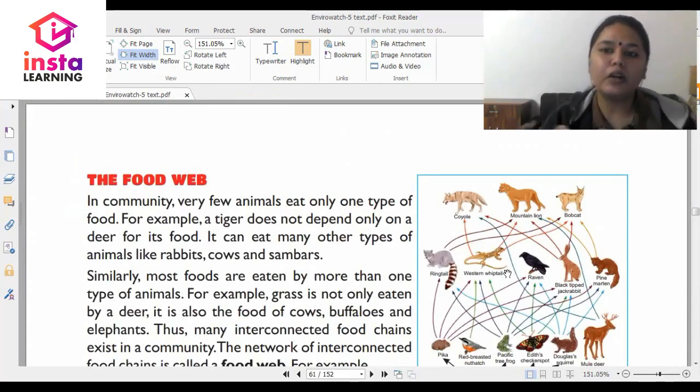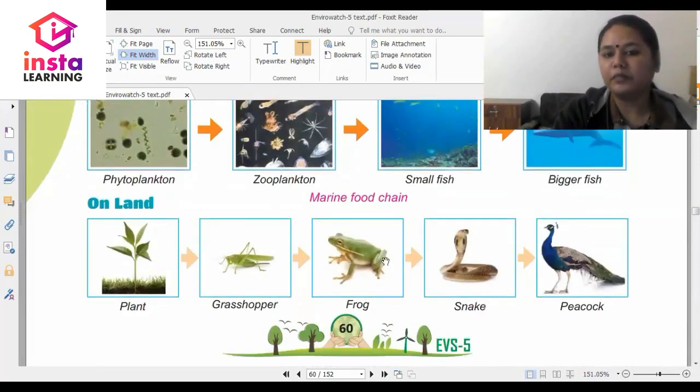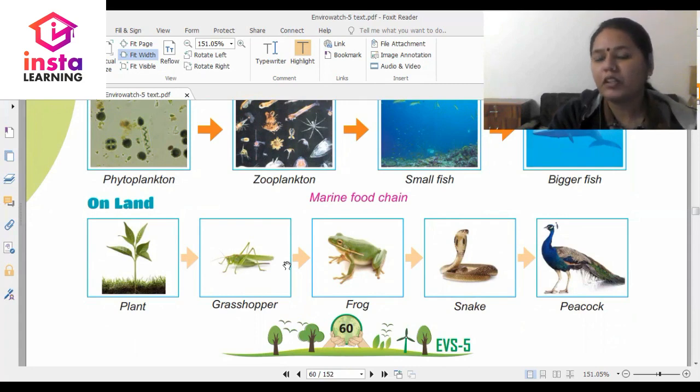I'll give you a small example. So if we talk about this example only, let's say there are no plants, what would the grasshopper eat? Maybe some other insect, but it doesn't eat that.